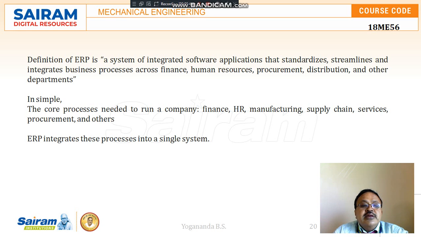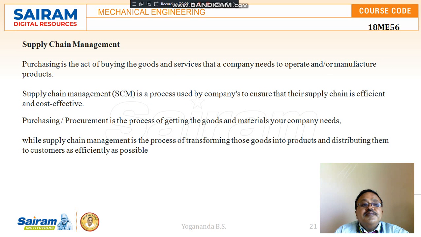In simple terms, the core processes involved in a company are finance, HR, manufacturing, supply chain, services, procurement, and others. This ERP system is integrating these processes into a single system. So, in a simple definition, we can define ERP as the system integrating the processes like finance, HR, manufacturing, supply chain, procurement, and other services into a single system.